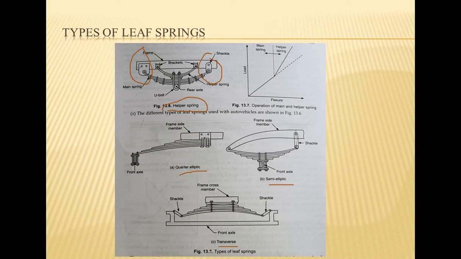The transverse leaf spring, though cheap in construction, is attached to the vehicle body only at two places. This increases the tendency of the vehicle to roll easily when negotiating sharp turns. So this is all about the leaf spring.